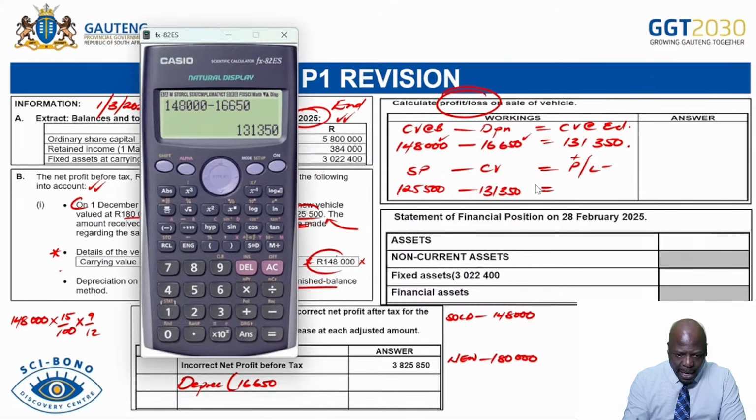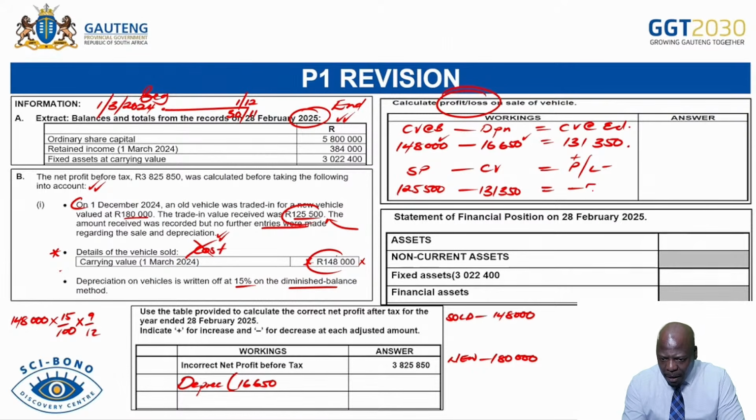Let's see what the calculator is going to say. 125,500 minus 131,350 will give us 5,850, a negative. So my answer is 5,850, and I know that if it's a negative, therefore it is a loss on sale.